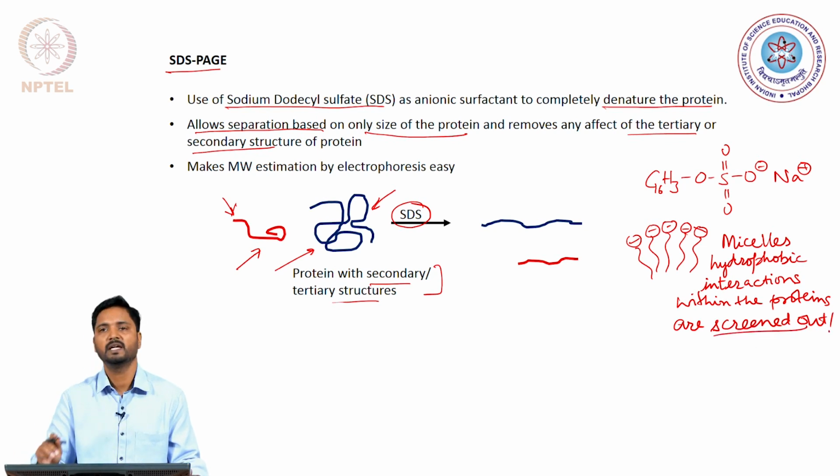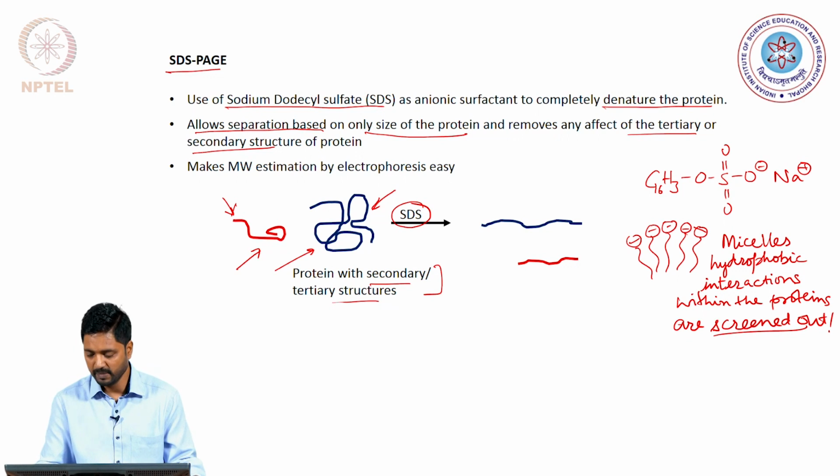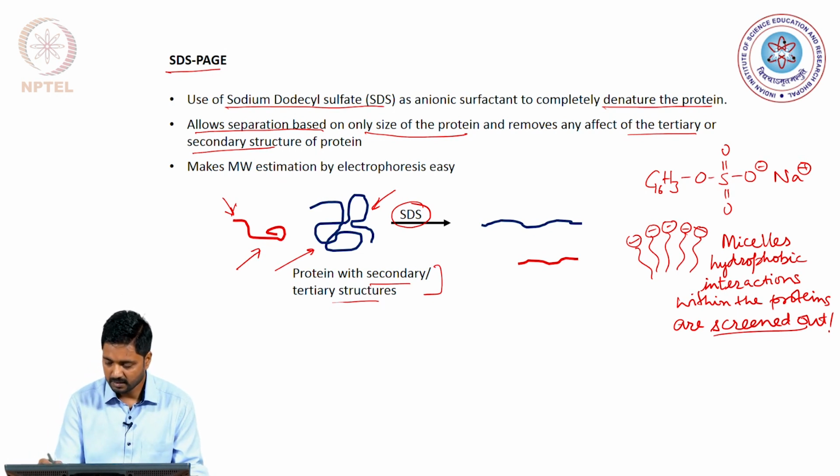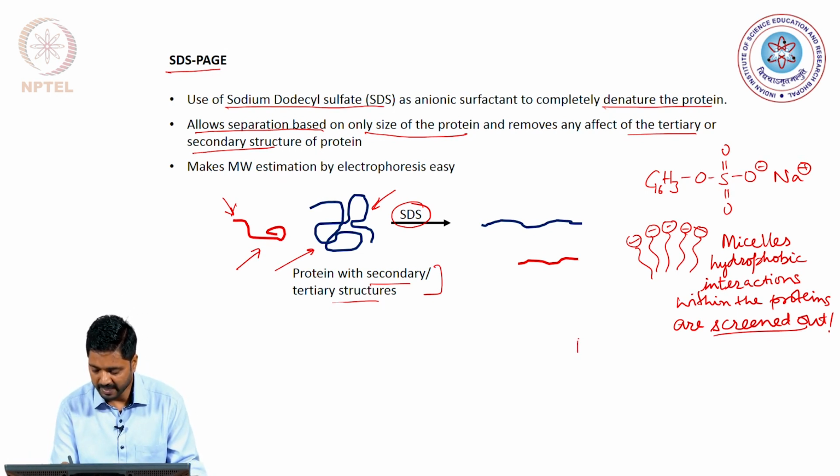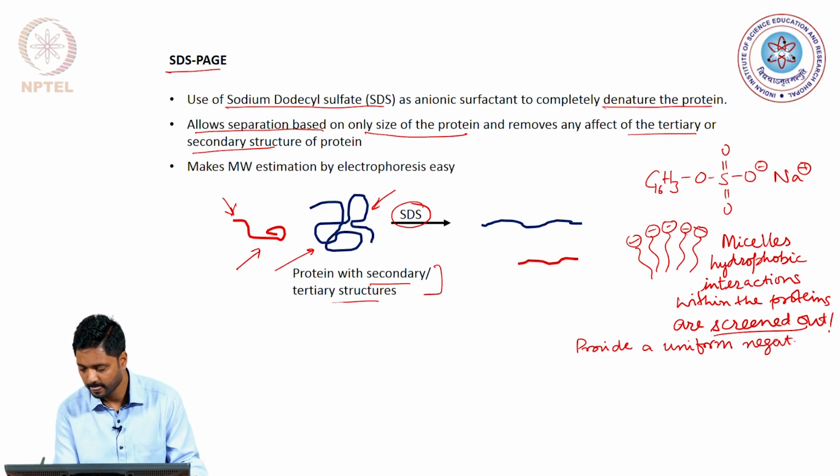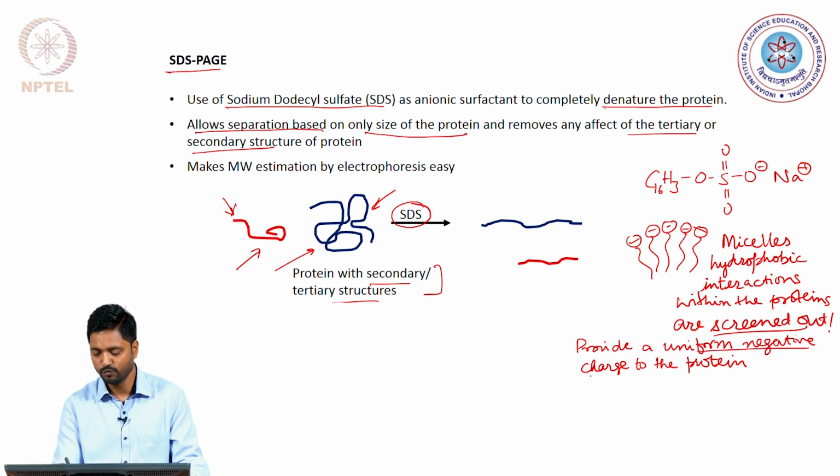So, the key effect of these anionic micelles is that they screen out all the hydrophobic interactions that were originally existing and giving rise to the tertiary and secondary structures, and they also provide a uniform negative charge to the protein and facilitate its movement in the electrophoresis chamber.